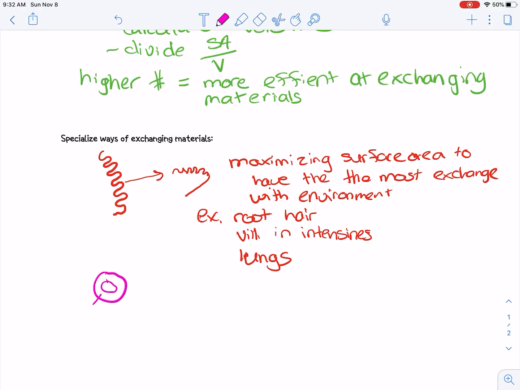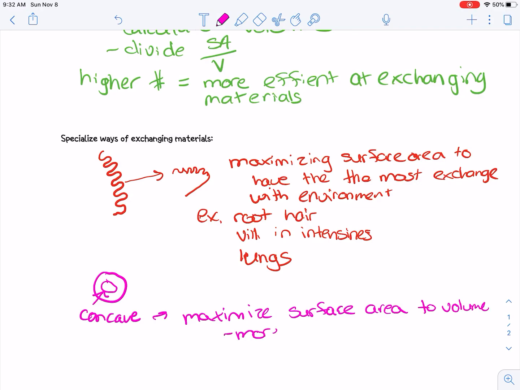That's because this is a dip. It's concave. And again, it's trying to maximize surface area for the volume, so that means more oxygen can get absorbed.